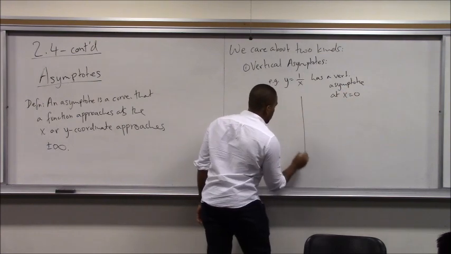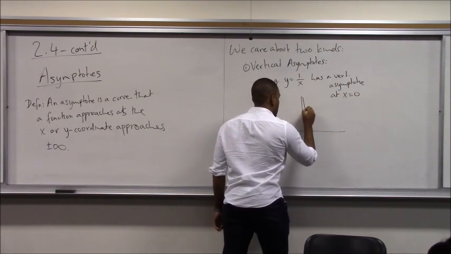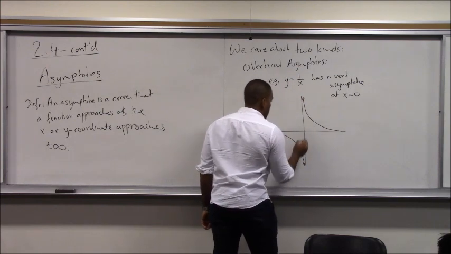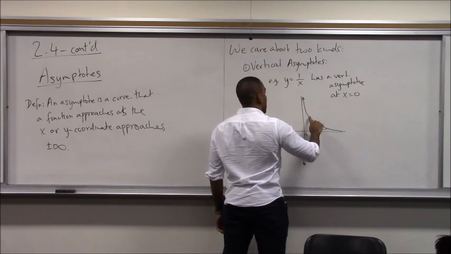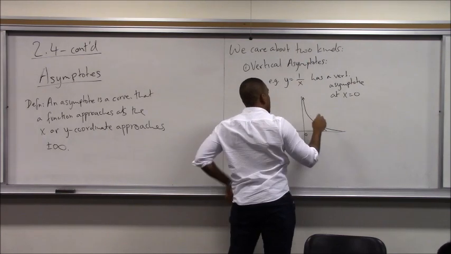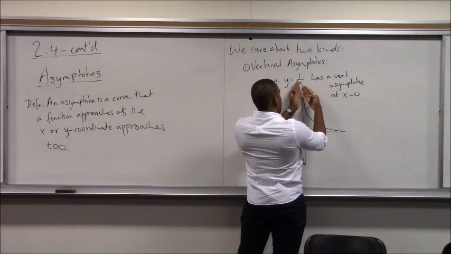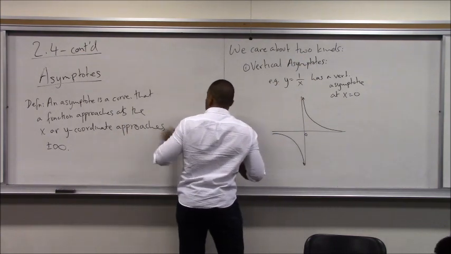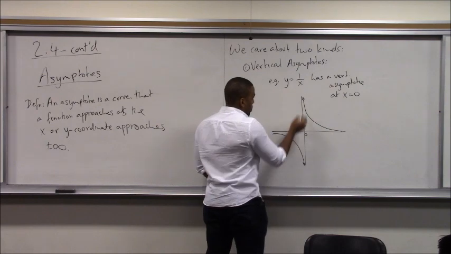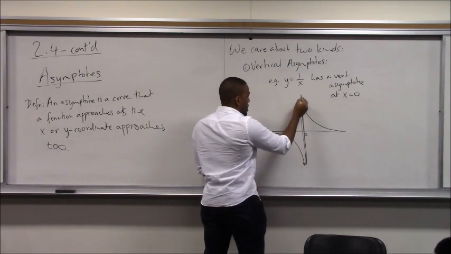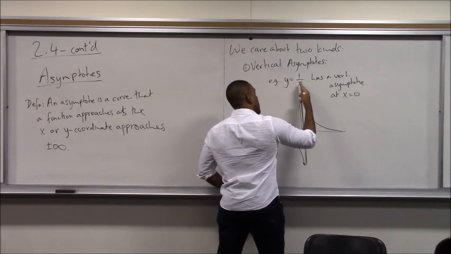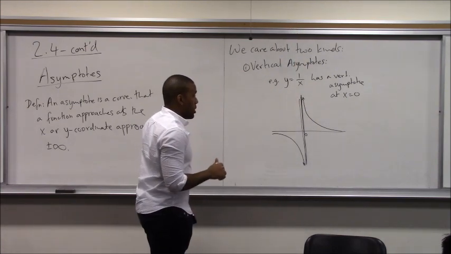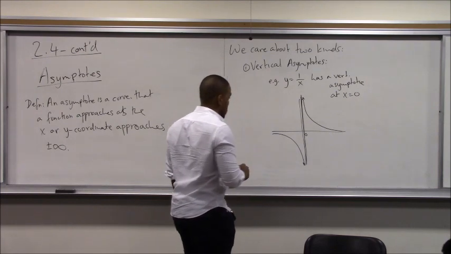So you'll notice that if you look at this graph, as you're approaching 0, your y-coordinate is shooting up to infinity, and what your function is doing is it's approaching that line. It's approaching the line x equals 0, so this definition is fulfilled. So x equals 0 is the y-axis, and your function is approaching that as the y-coordinate is going off to infinity. Right? It also has a horizontal asymptote, which is the other one we care about.